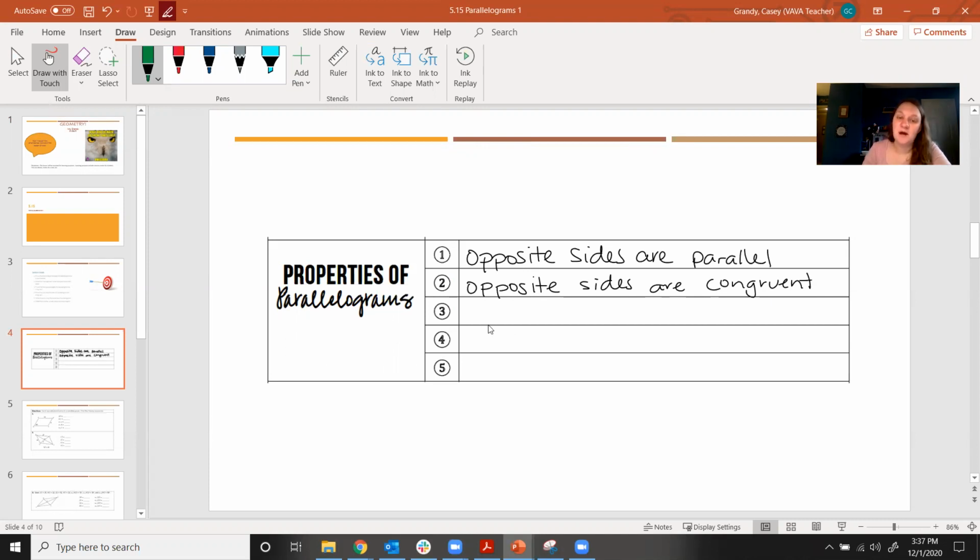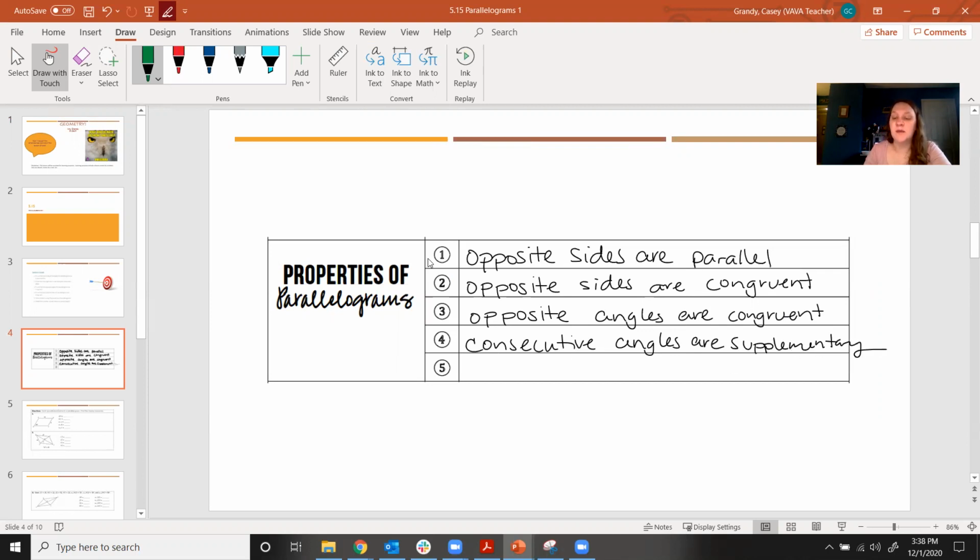In a parallelogram, opposite angles are congruent. Consecutive angles are supplementary. And the diagonals bisect each other.